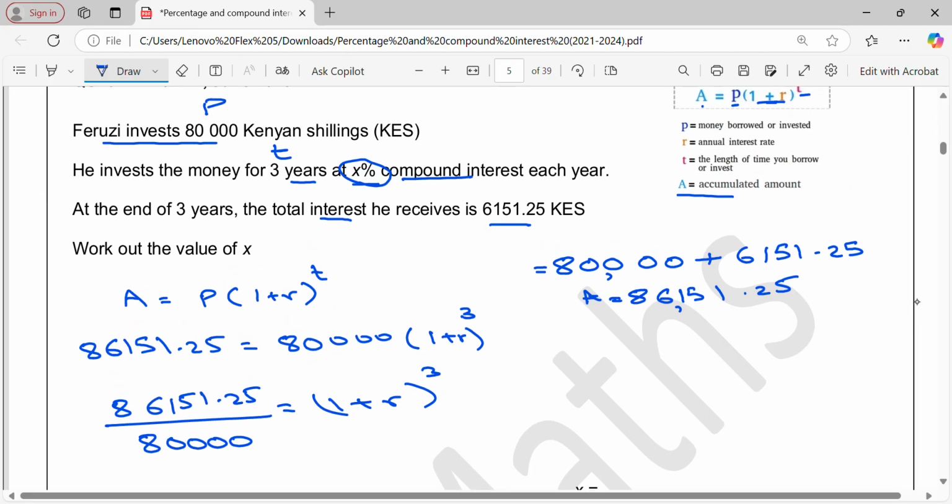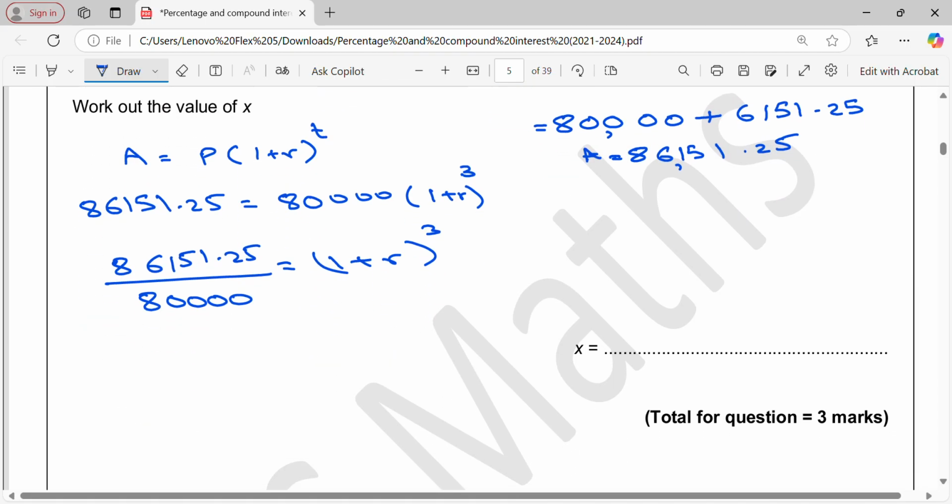Remember, R is the annual rate, and that is always given in the form of a percentage. So let's divide it. I'm going to use the calculator here: 86,151.25 divided by 80,000.